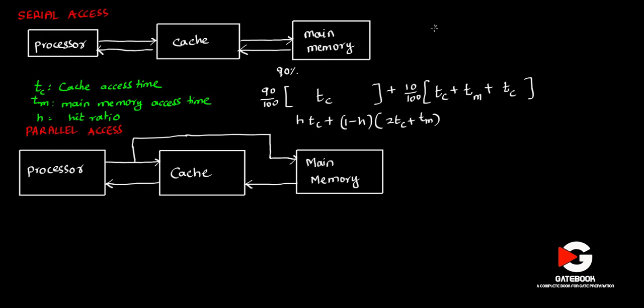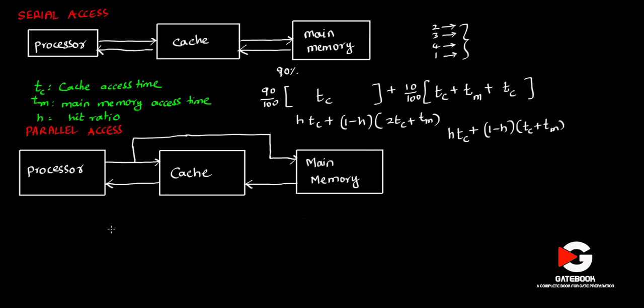Let's say the words are 2, 3, 4, 1. The first word is transferred to the cache and processor, then 3 to the cache, then 4, then 1. This is exactly the main memory access time. That's why, with the optimization, it would be H into Tc plus (1 minus H) into (Tc plus Tm).